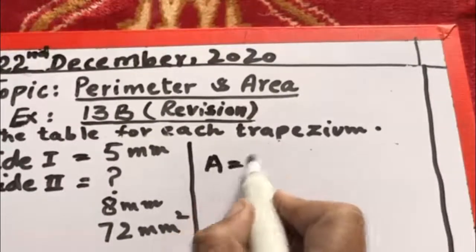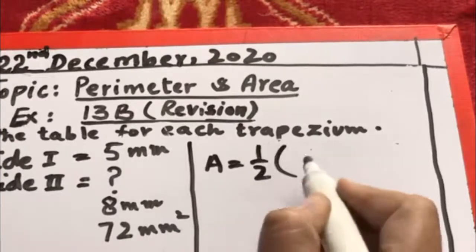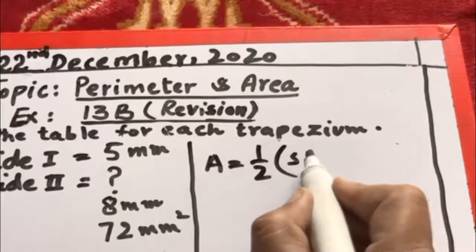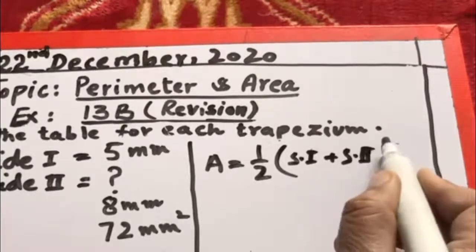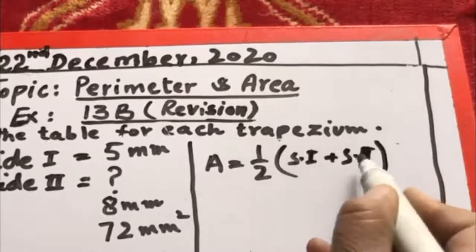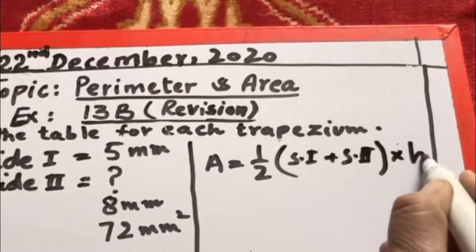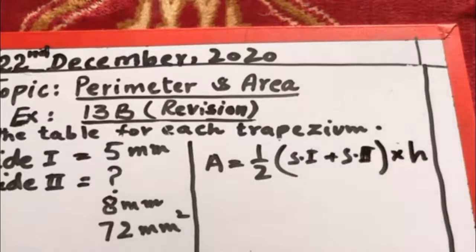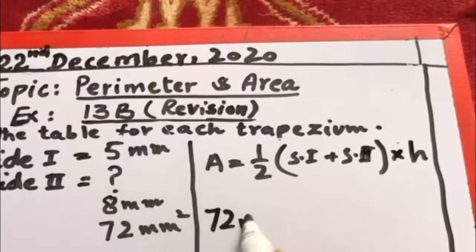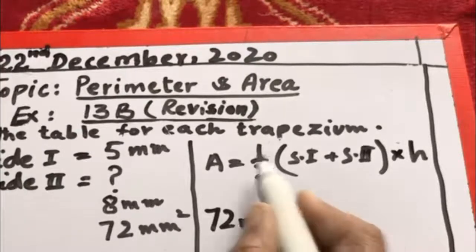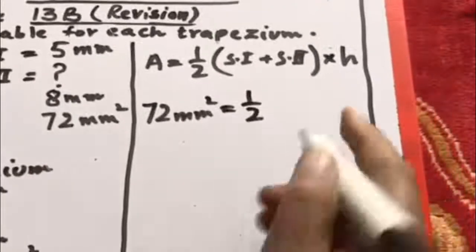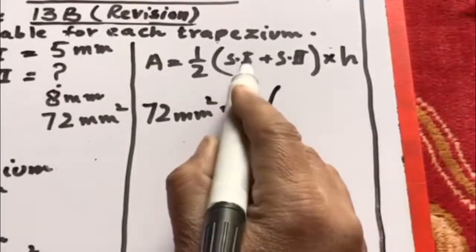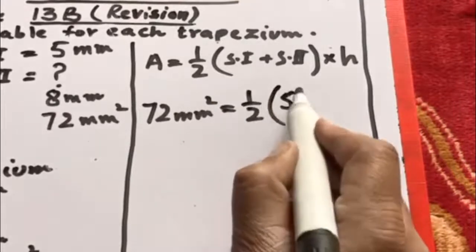As we know, the area of a trapezium is 1 over 2 into the sum of parallel side 1 plus parallel side 2. This sum of parallel sides 1 and 2 will be multiplied by height. By putting the values, the area is equal to 72 millimeter square. 1 over 2 is a constant number, so we will write it as it is.